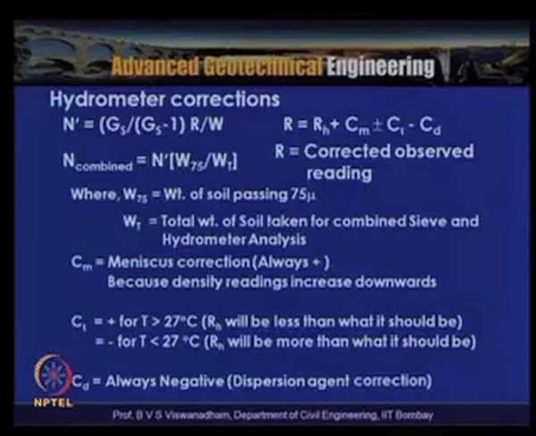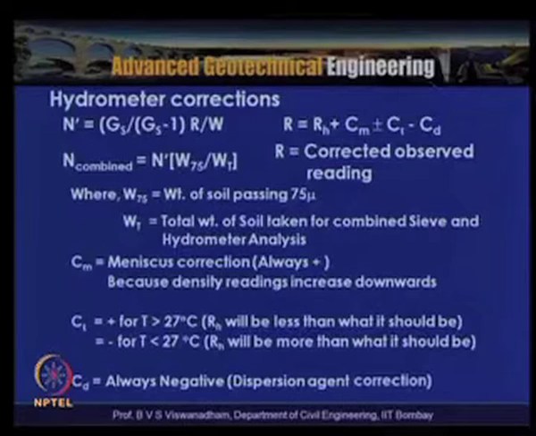So, because of that the temperature correction is positive if the room temperature is more than 27 degrees. Negative for T less than 27 degrees, RH will be more than what it should be. So, because of this it is higher.